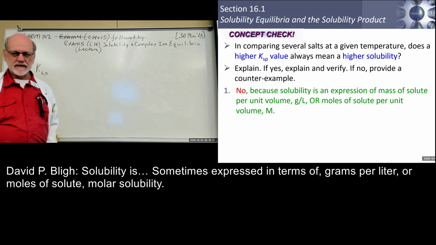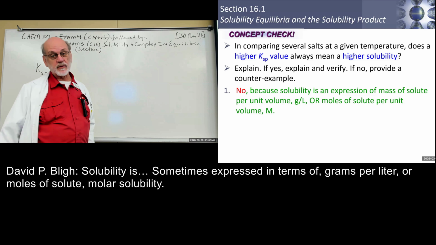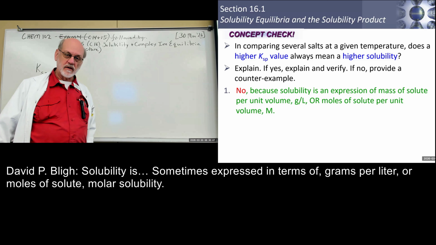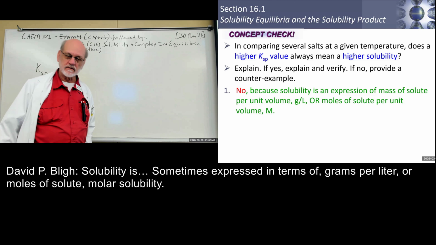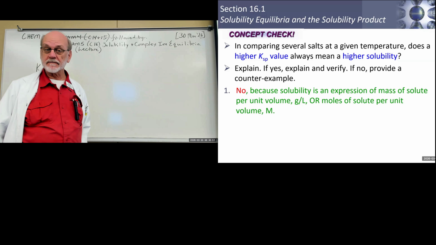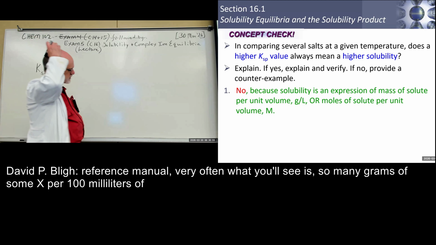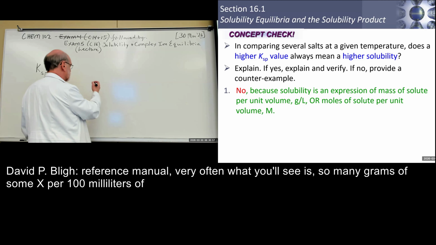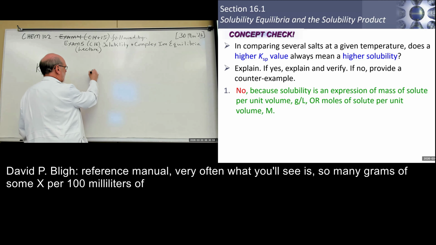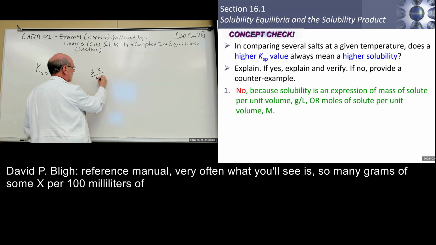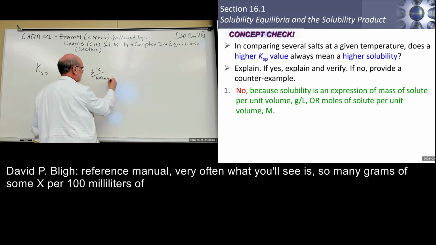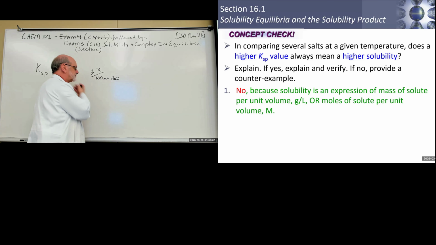Solubility is sometimes expressed in terms of grams per liter or moles of solute, molar solubility. If you look it up in a reference manual, very often what you'll see is so many grams of some compound per 100 milliliters of water.